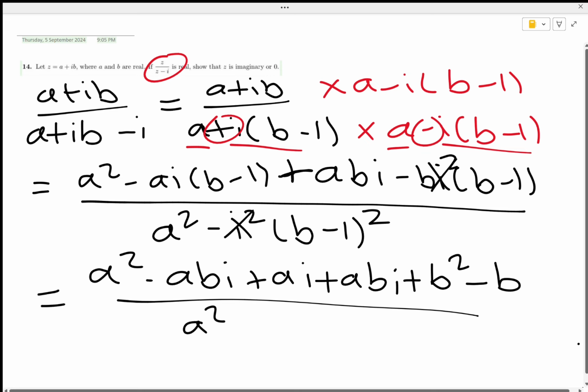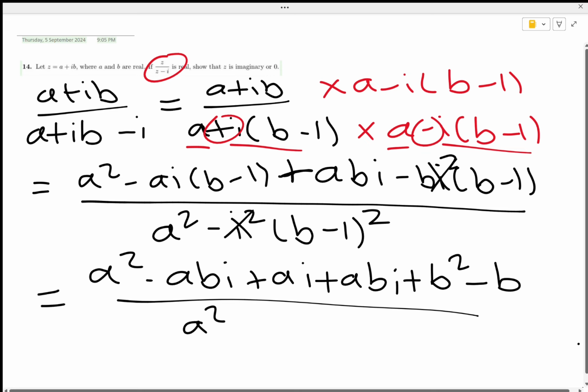so Im, the right side of this, will just become a i over a to the power of 2 plus. And whenever you're dealing with Res or Ims, you shouldn't put the i, so it's just the a by itself. And since it is saying that a and b are real, we have that ai should equal 0.